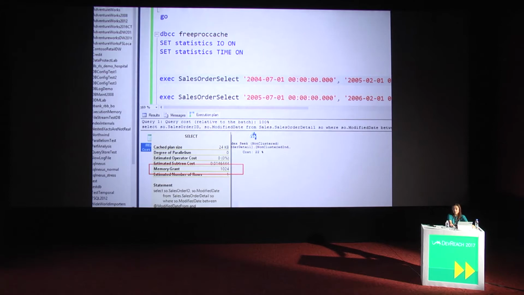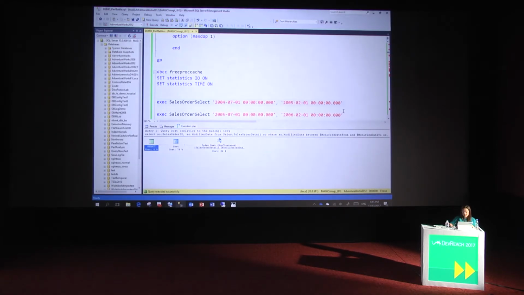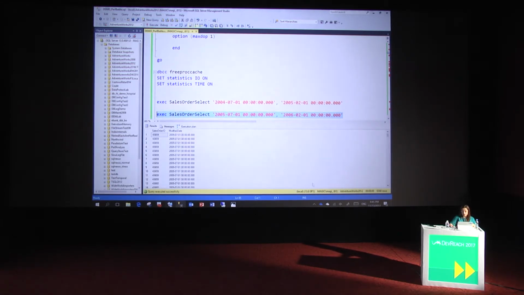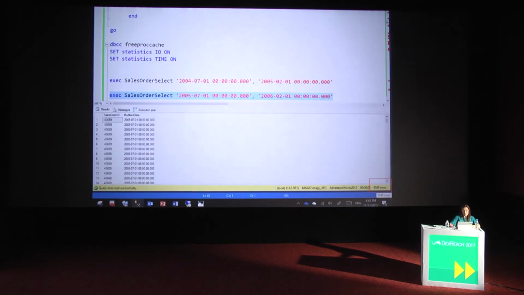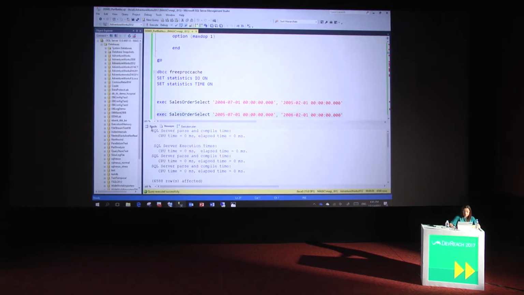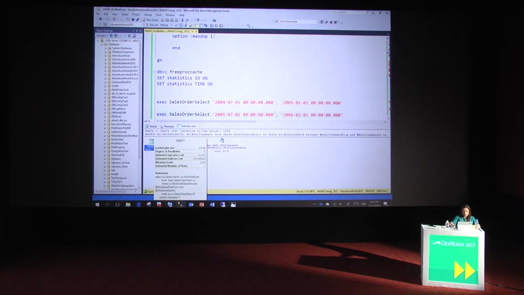This is 1 megabyte of memory. When I run that stored procedure again with a different value for that parameter, I will get more rows at the end, and I will still be able to sort those inside the 1 megabyte of memory.